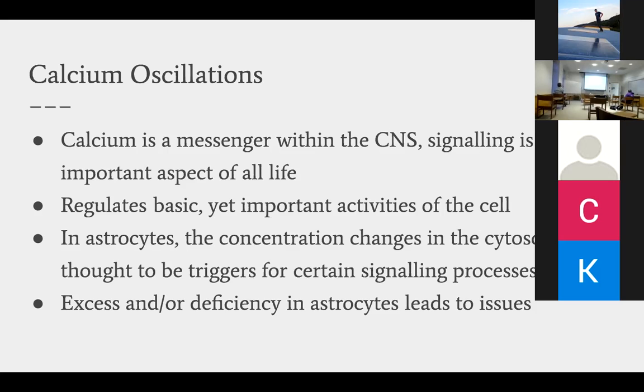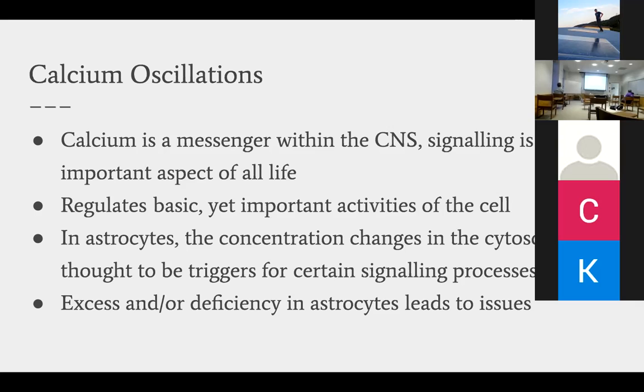Within the astrocytes, the concentration changes within our cytosol, which is the fluid around all of the important cell parts, like the mitochondria or the endoplasmic reticulum. It's the fluid within the cell membrane. The changes in concentration are really important there and are thought to be triggers for certain signaling processes.